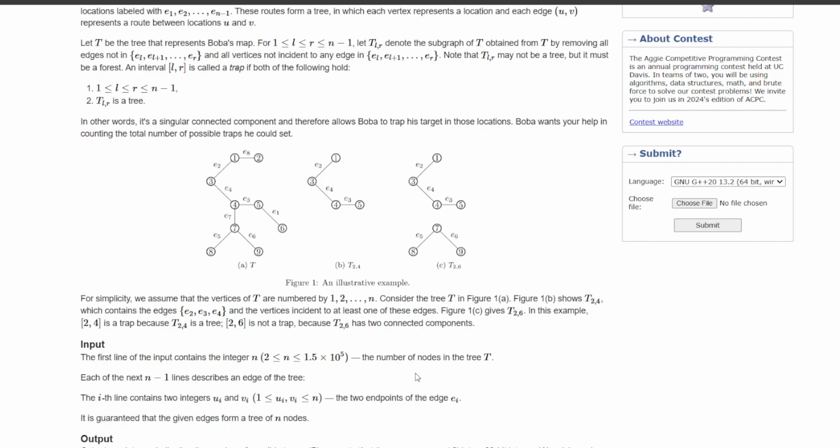I'm sure it's casework on the last edge that you use, or something like that, for L.